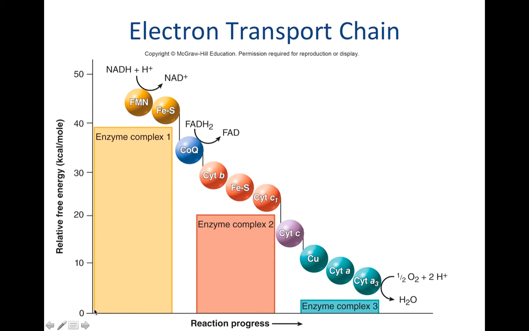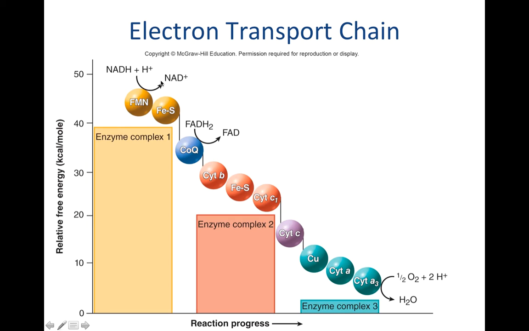So you can see moving here on the x-axis, you have the reaction progress as you move forward in the electron transport chain. And the y-axis right here is the relative free energy. So when these reduced coenzymes first arrive at that initial enzyme complex, you're going to remove those electrons, and in doing so, you're going to release some energy.